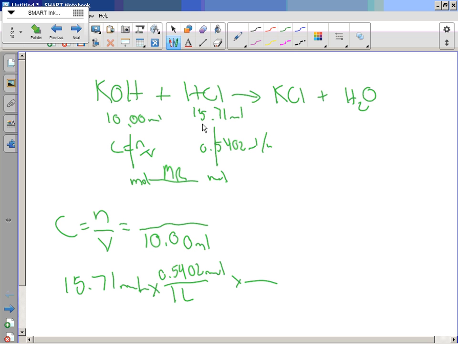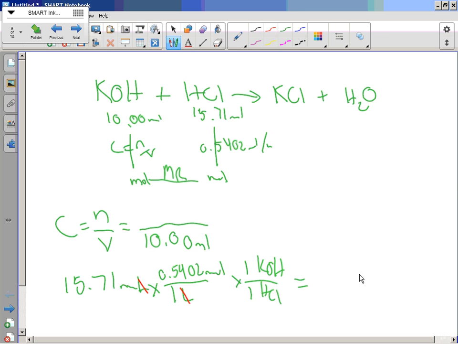Again, it's a 1-to-1. This time I have the HCl. So for every 1 HCl, I have 1 KOH. And that'll get me a number of millimoles. Because again, the liters cancel the liters, and I'm left with millimoles.